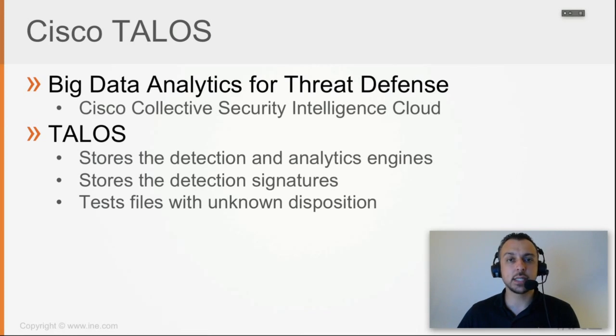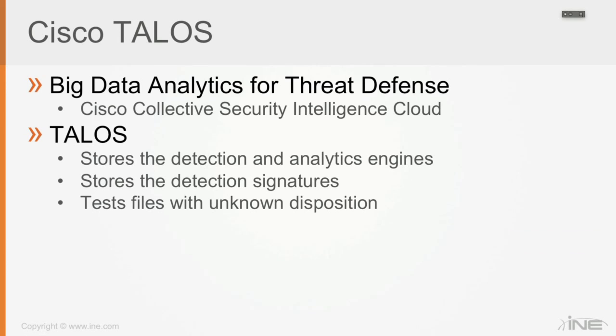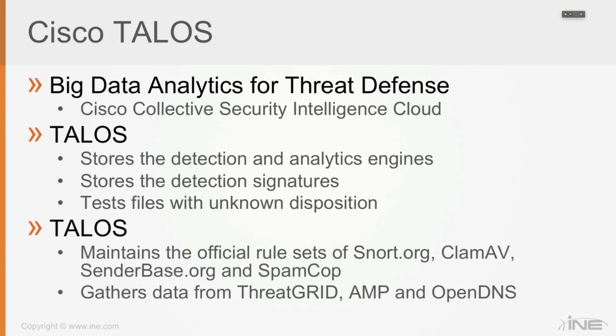And Talos also maintains the official rule sets of snort.org, which was the largest installed base of IPS systems in the internet, ClamAV antivirus, SenderBase, which was the IronPort database intelligence, and SpamCop.